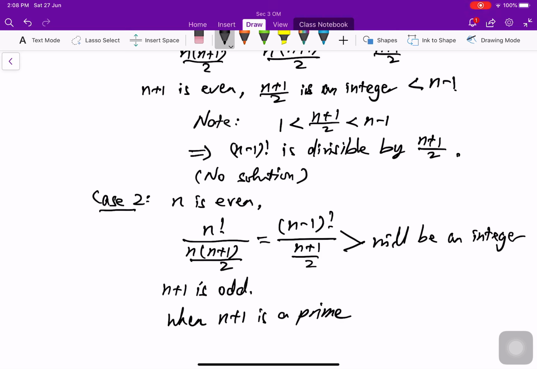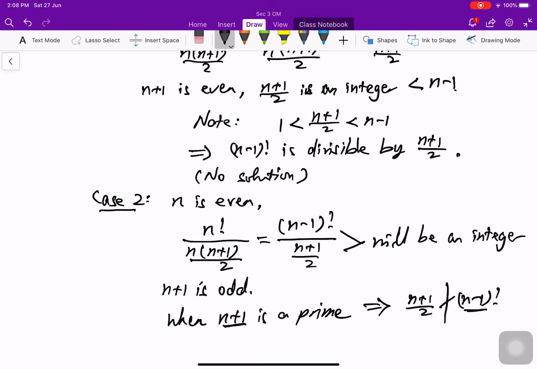When n plus 1 is a prime, this implies n plus 1 divided by 2 is not going to divide n minus 1 factorial. Because when this is a prime, this prime is bigger than your n minus 1. Therefore, the division is not possible.